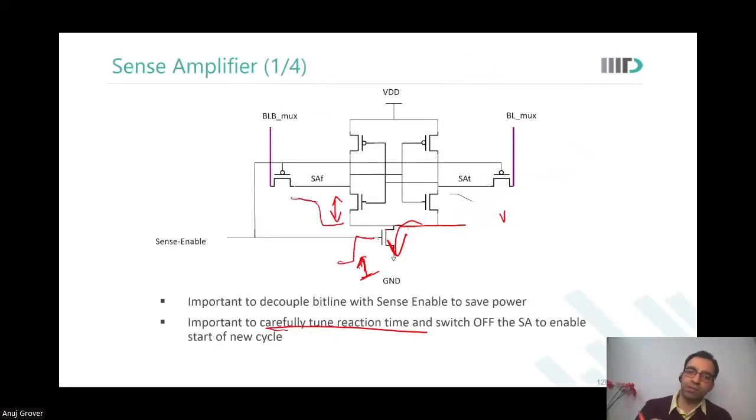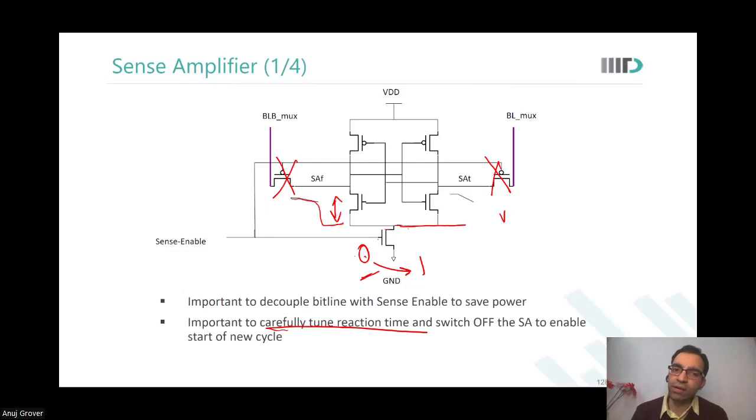So look at it over here. When SAN is equal to 0, is there a ground path? No, sir. So it is not directly getting dumped into ground. Now we say SAN goes to 1. SAN goes to 1 means these pass gates have gone off.